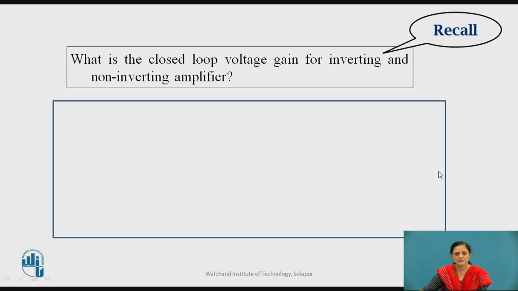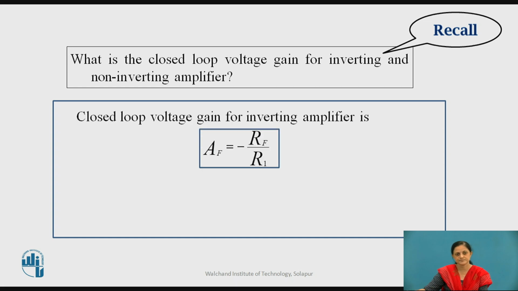Now, before starting today's session, let us pause the video here for a second and recall the closed loop voltage gain for inverting as well as non-inverting amplifier. The closed loop voltage gain for inverting amplifier is given by the equation AF equal to minus RF by R1, where AF is the notation for the closed loop voltage gain.